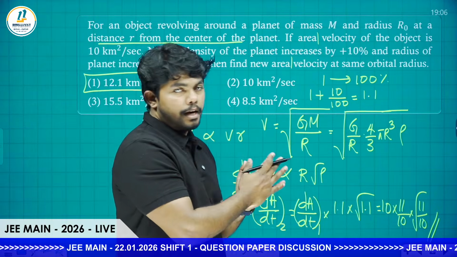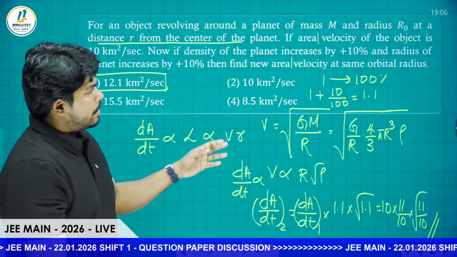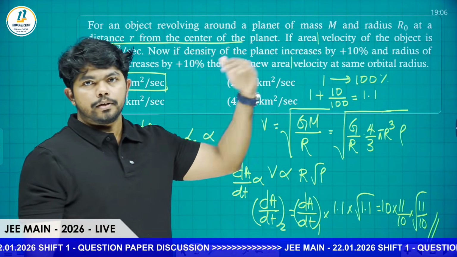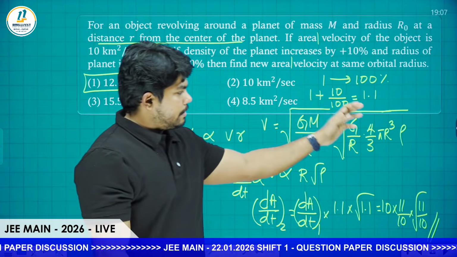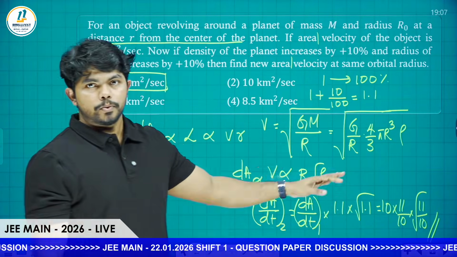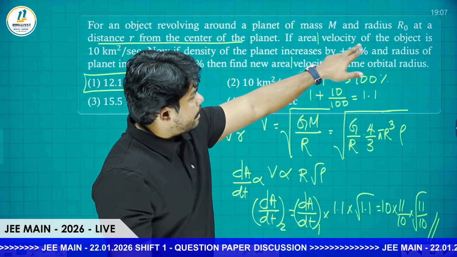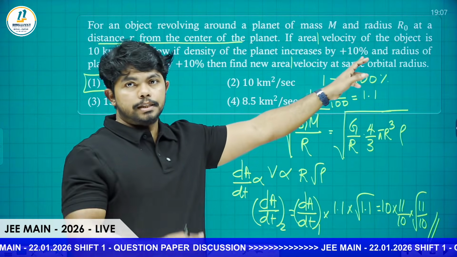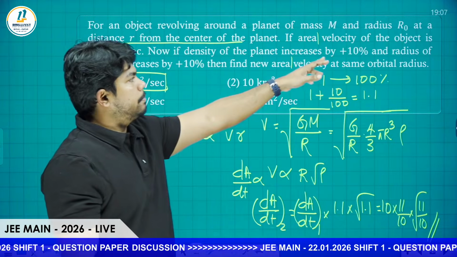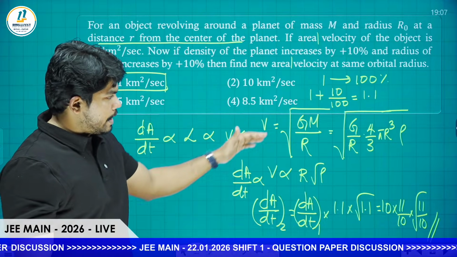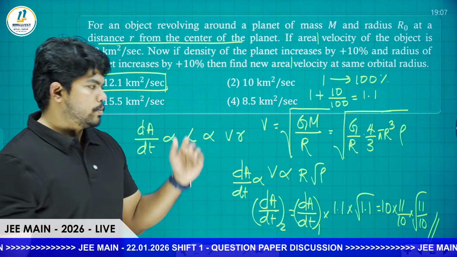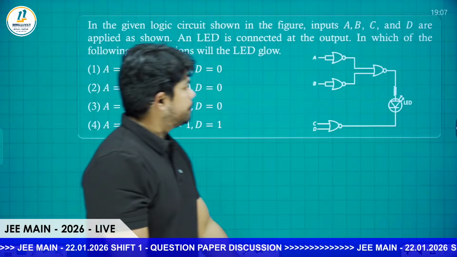We have already done such typical questions where the variables are increased or decreased and you find the percentage change. We can't use the error analysis idea here because the percentage is large, but if the percentage is very small, we can use the error analysis method also. So there are different ways we can solve this.